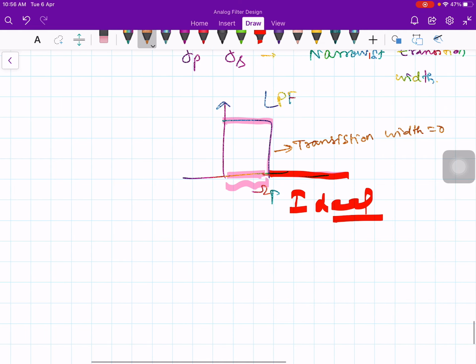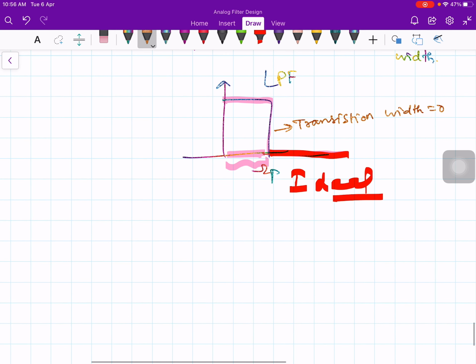It can also be characterized in alternative ways. For example, the Chebyshev filter is characterized by specifying capital N and the transition band.